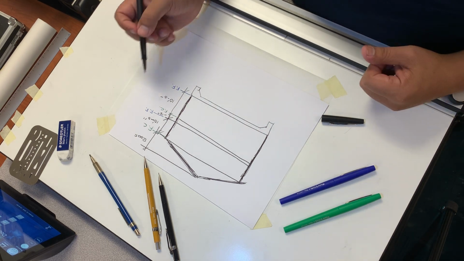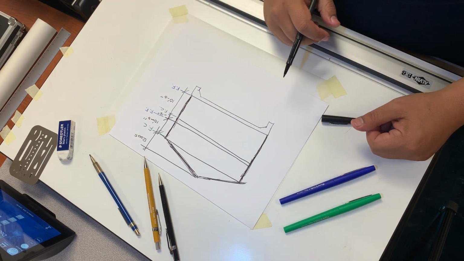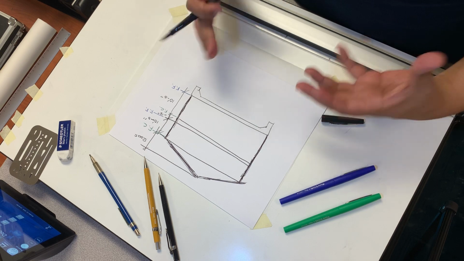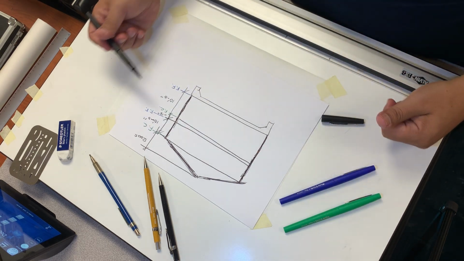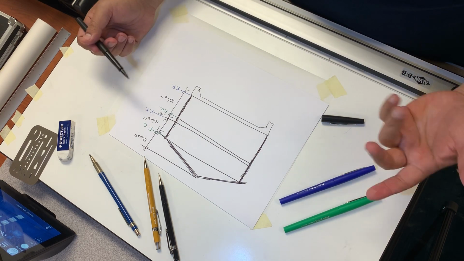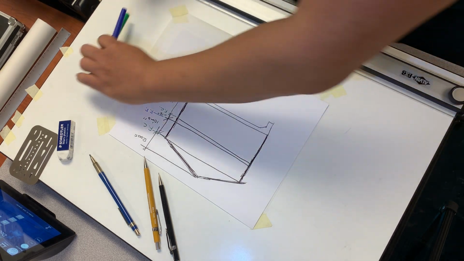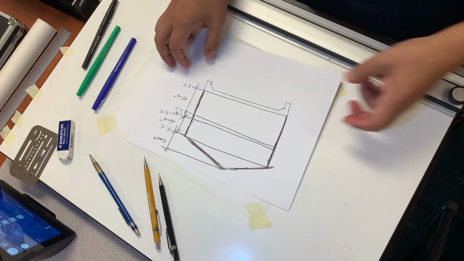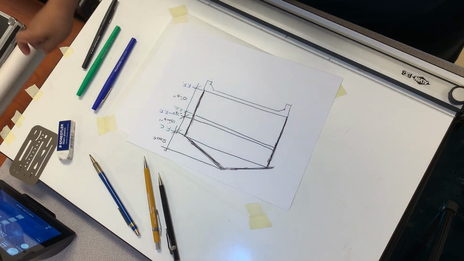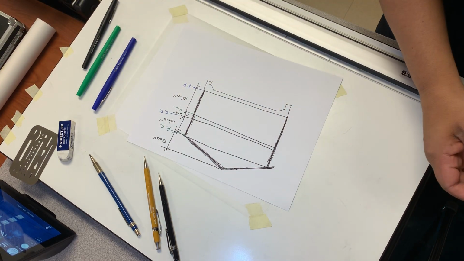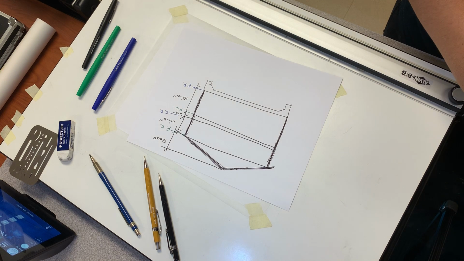I could double check, but I like to have these notes for myself, especially when I'm about to do an elevation drawing. So here we go. Let me double check my roof height real quick.